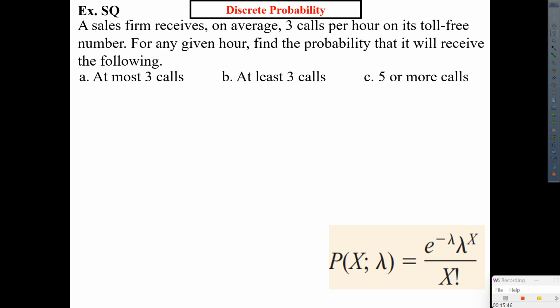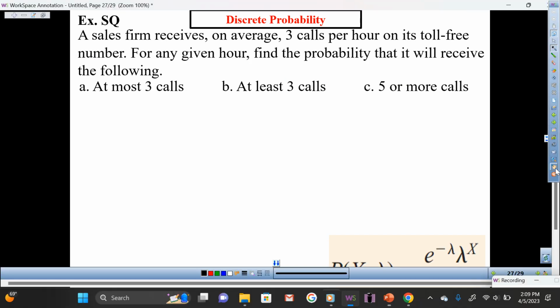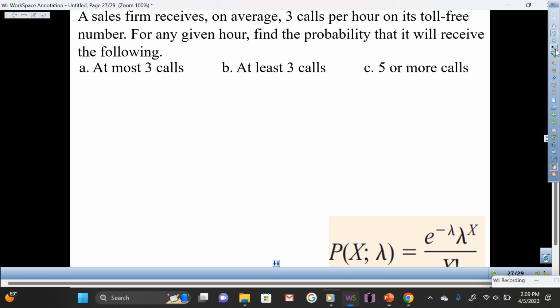At most 3, at least 3, and 5 or more. This is a little bit tough, but I think it's doable. So before we start writing down, this is what I want us to do. This is very similar to the one we've been doing so far. Talk it over to your neighbor, let them know what this means.